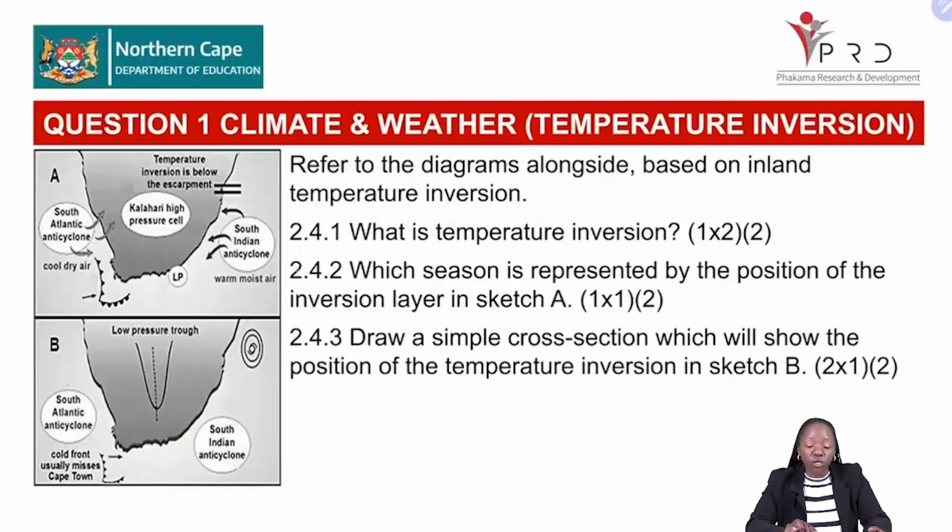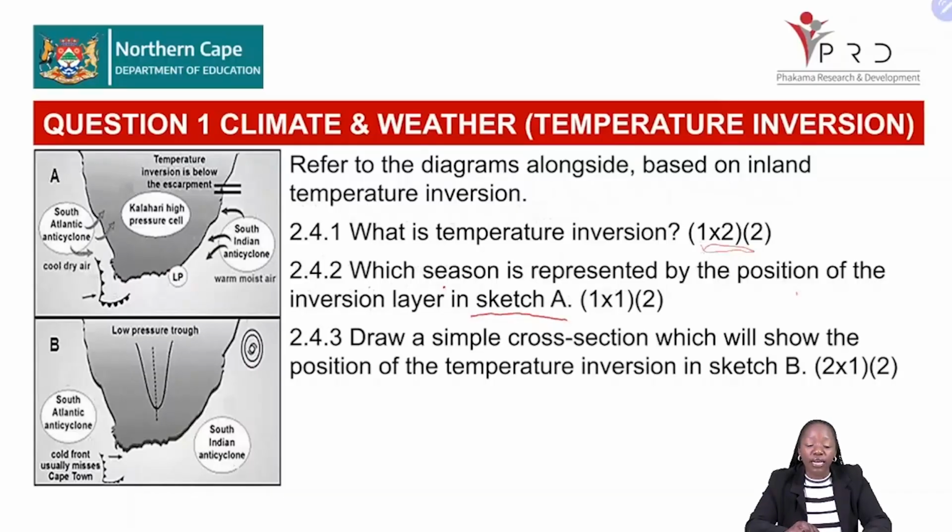The first question, your 2.4.1, what is temperature inversion? 1 times 2, meaning you need to give a full answer so that you get 2 marks. Secondly, which season is represented by the position of the inversion layer in sketch A?